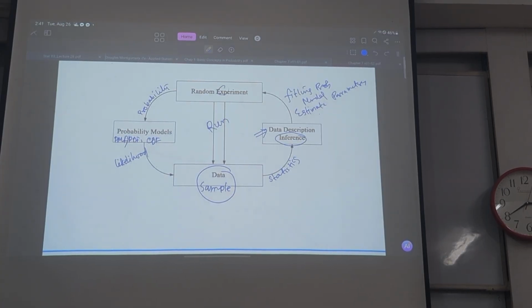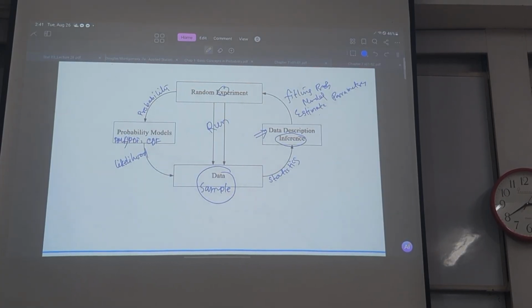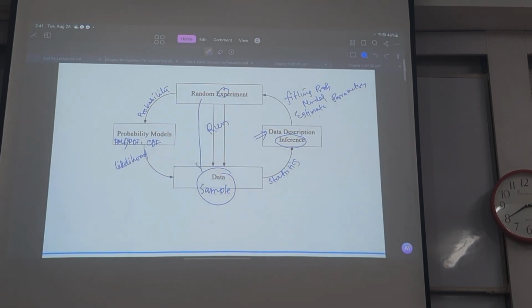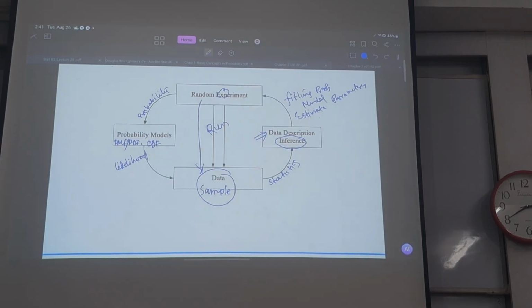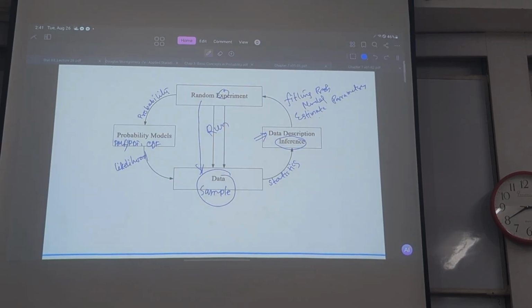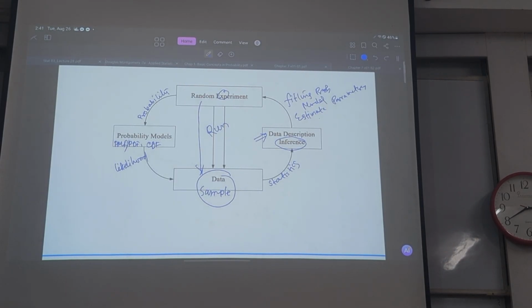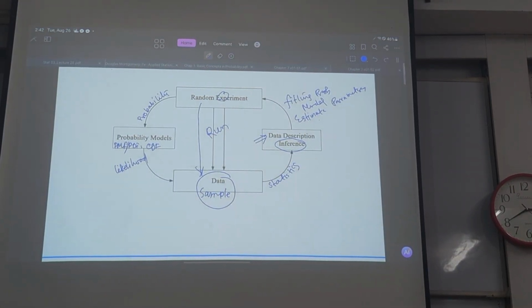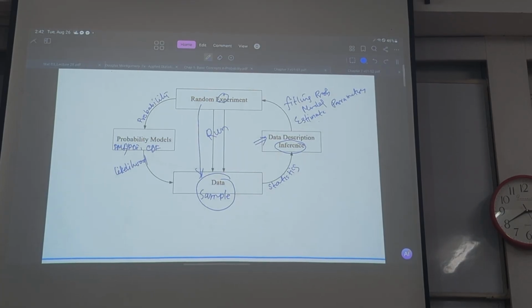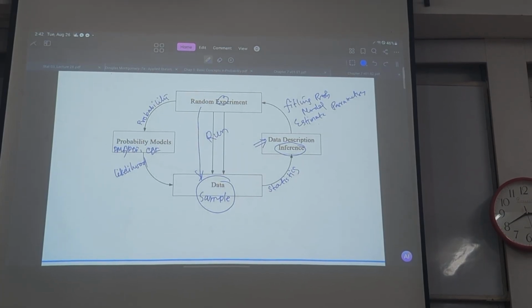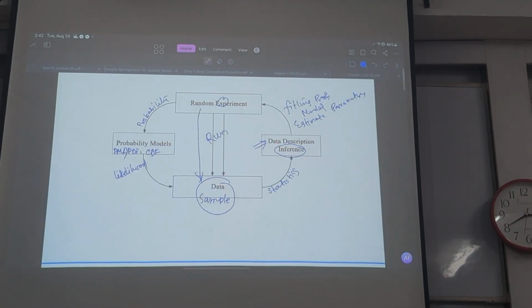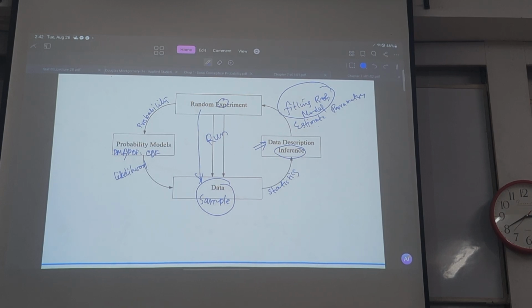So you can see these two are the same, but in opposite directions. You have a random experiment, you have sample data. When we are studying probability, we are going from the upward to the downward direction, and the probability model provides the likelihood of what data we will find when we run the experiment. On the other hand, when we have a set of data that we call sample data, inferential statistics helps to fit a probability model for this data so that you can infer about the experiment.